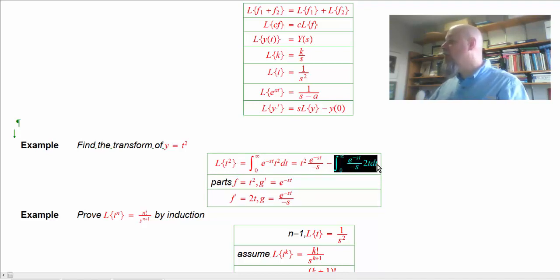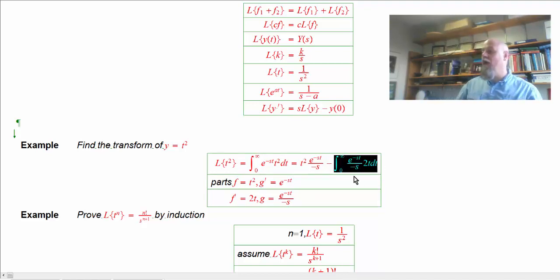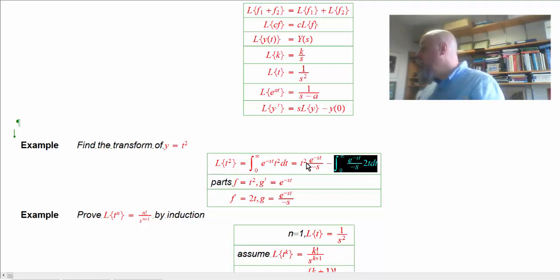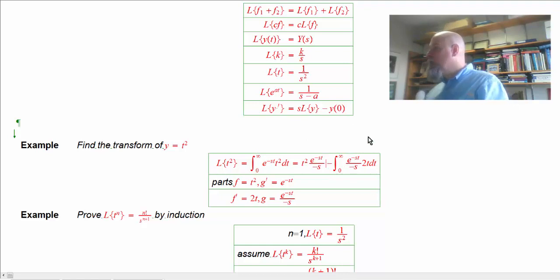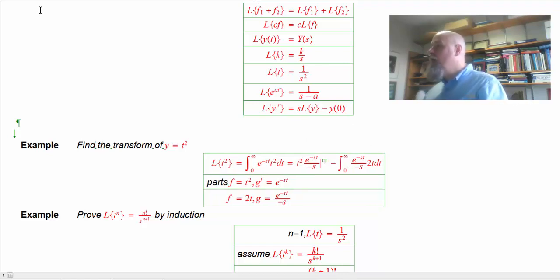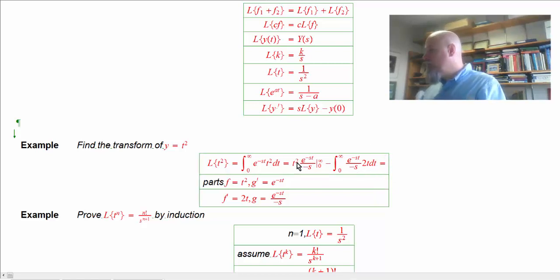This second integration, if I were to do it, would have to be integration by parts. Oh, and we need to evaluate this. Sub in the top minus sub in the bottom. We have to sub in infinity minus sub in 0. We remember from before that when I sub in infinity, let's look at this piece here.